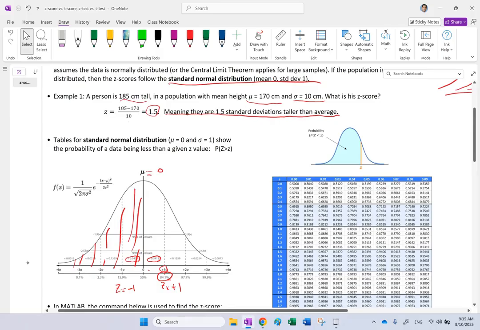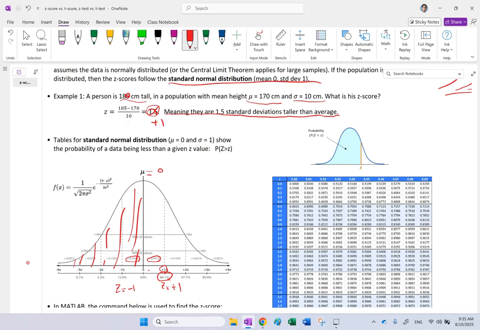So in this case, let's say the height of the person was 180 instead of 185. So the z-score was plus 1. If I go ahead and look at the heights of all the people in this population, how many of them are less than or equal to 180? So I want to know the probability of the height of any person being less than or equal to 180, right?